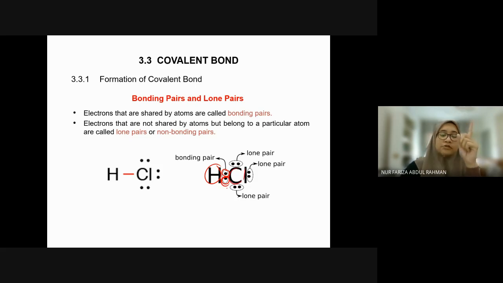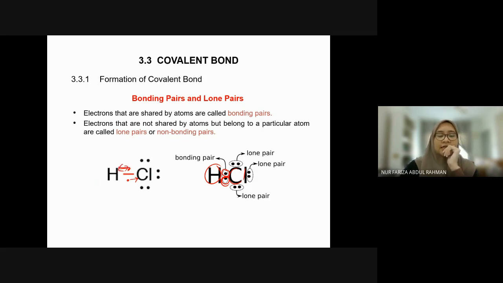Remember, hydrogen only has 1 electron. When they share, this one is hydrogen's and this one is Cl's.